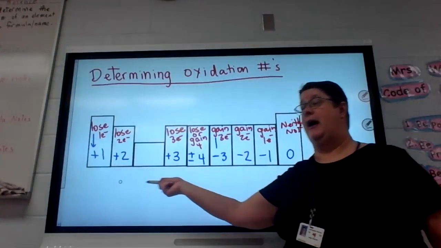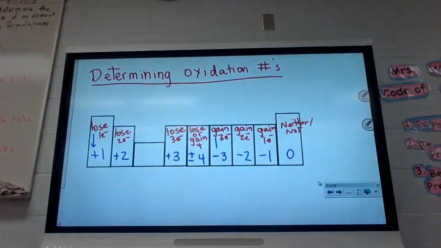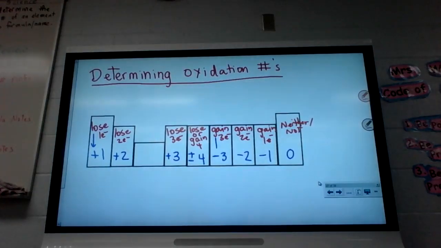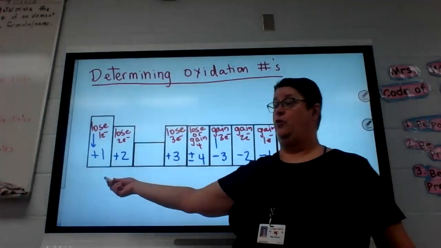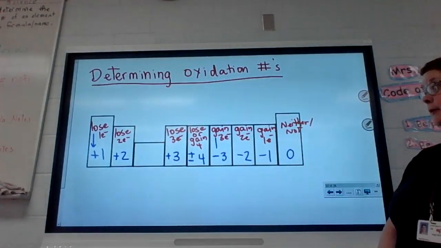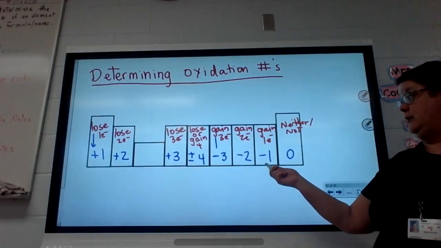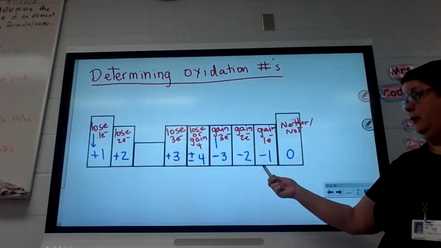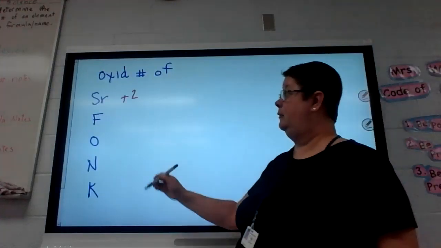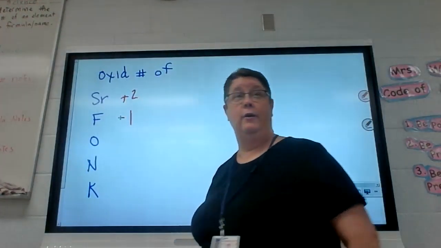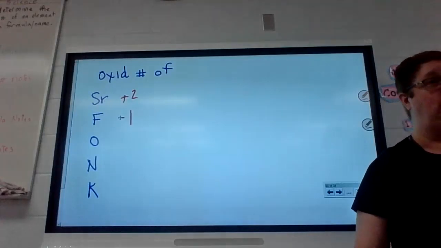Oxidation numbers, not outer shell electrons. Where is fluorine in this grouping? What group is it in? So what is its oxidation number? -1.